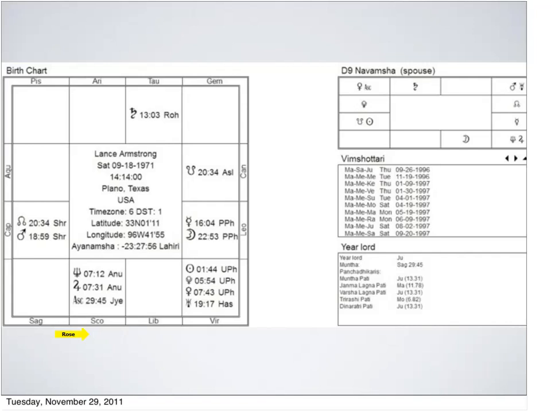surgery. So we want to know where the ruler of the chart goes to. So we see that it goes to Capricorn, and it goes to the third house. Third house, hands, muscles, arms, physical. This is Mars. So Mars is in the sign, we see, of Capricorn.